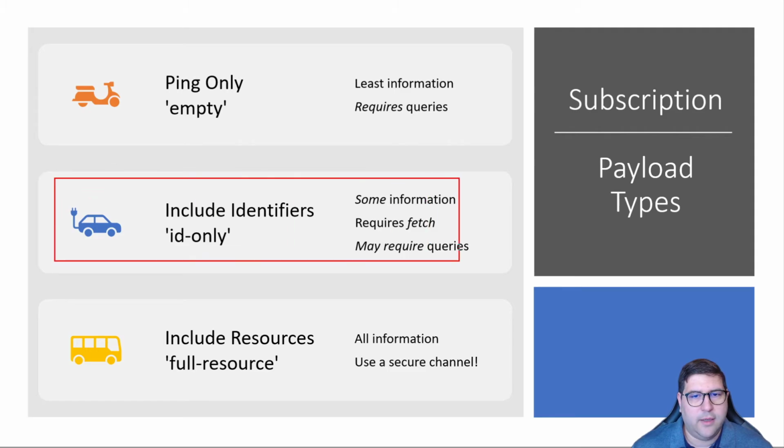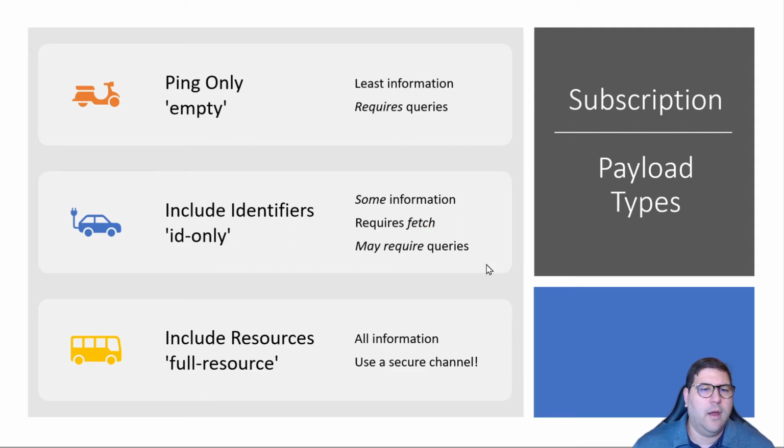So the middle ground is the ID only, and that's the in-between. There's very little risk of leaking PHI because all we're doing is sending a bunch of IDs, but it also means that the clients don't have to do complex queries. In this case, we're going to tell you, yes, an admission happened, and here is the encounter you want, encounter 1, 2, 3, and it's patient ABC, and here's a list of the practitioners and conditions and everything else.